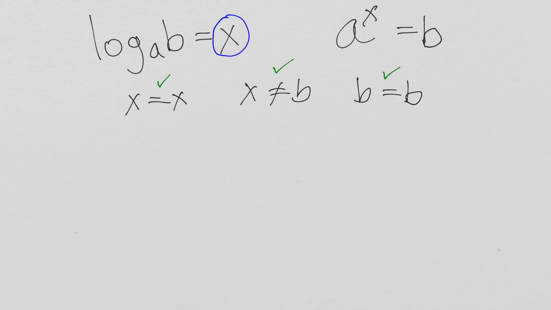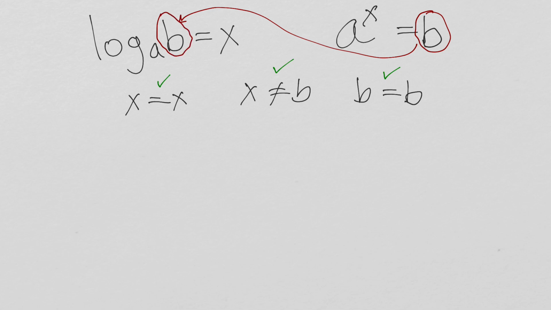This X does equal this X, and this B does equal this B. They are the same and can be interchanged.